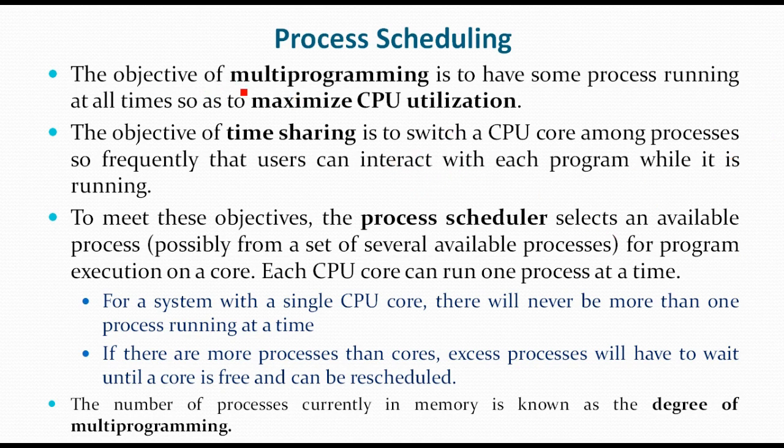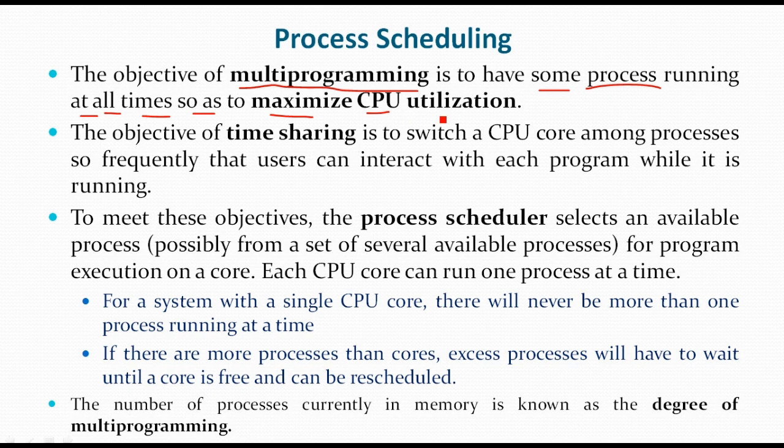Multi-programming means more than one program has entered the computer's memory. A program in execution is called a process. So some process is running at all times so as to maximize CPU utilization.